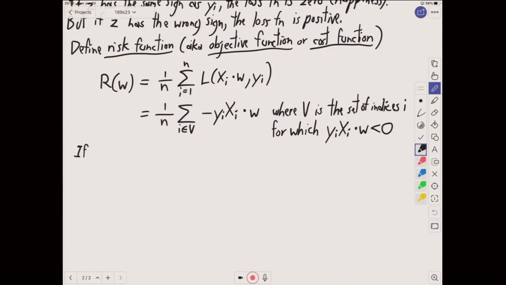All right, so if w classifies all of the training points correctly, then the risk function will be 0.